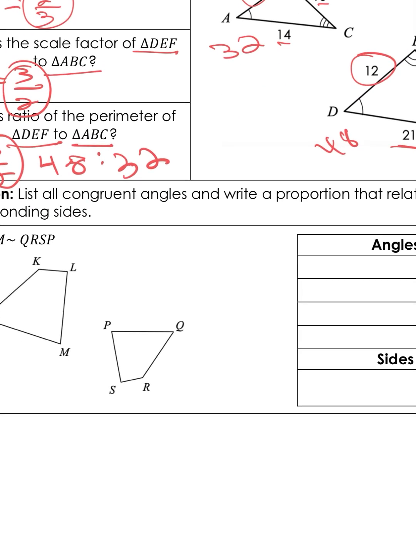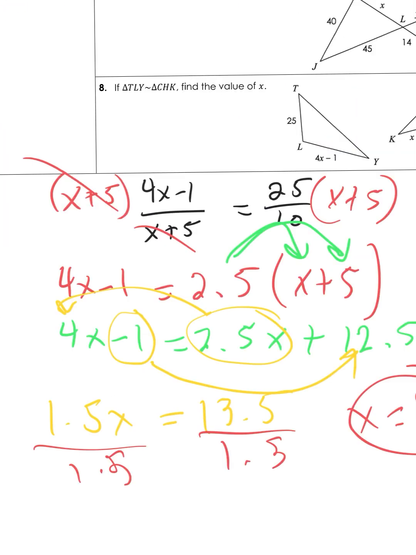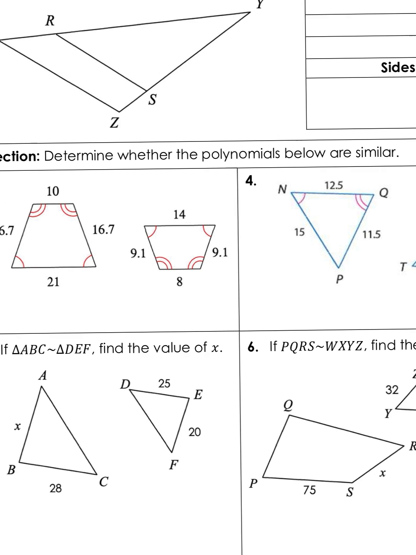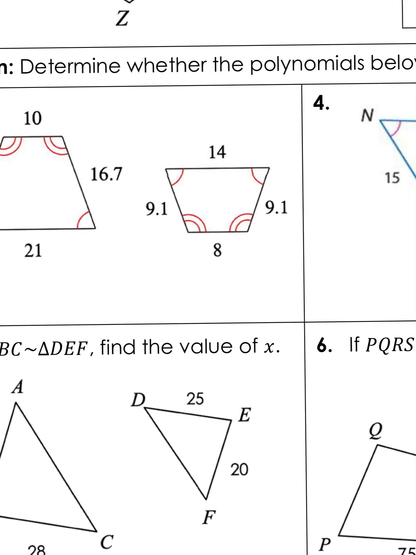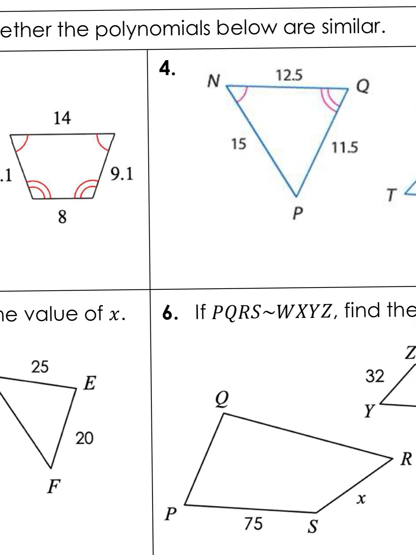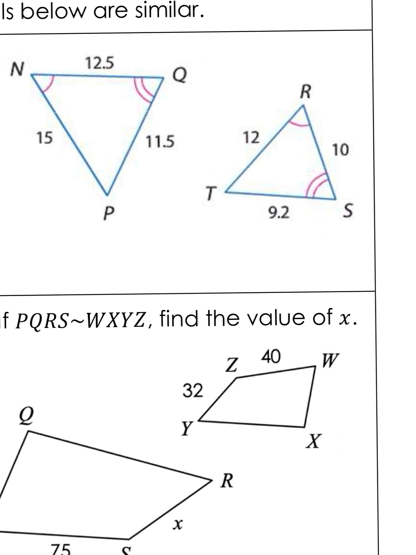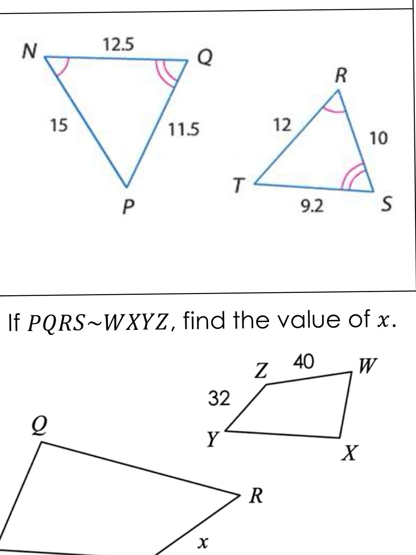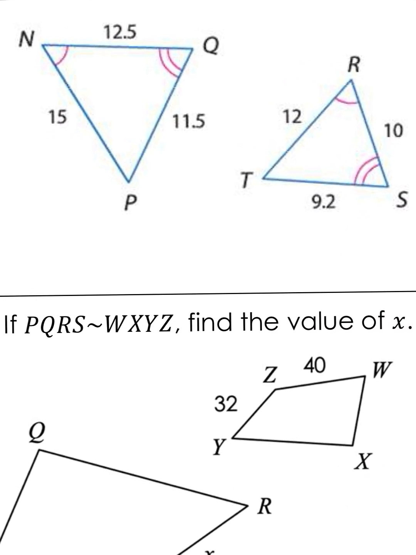So now let me just solve a problem or two for you, and then I'll let you get back to work. So number 3, I'm going to show you two polygons that are similar, and I'm going to show you how we can prove that they're similar. If I take the corresponding side, 12.5 and 10, see how these two angles correspond to these two angles?